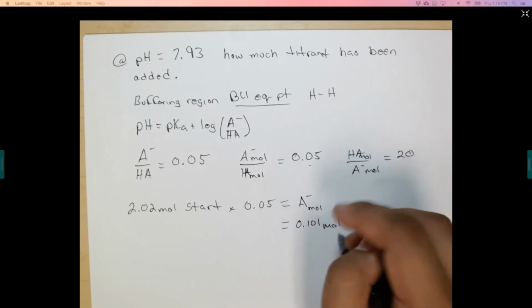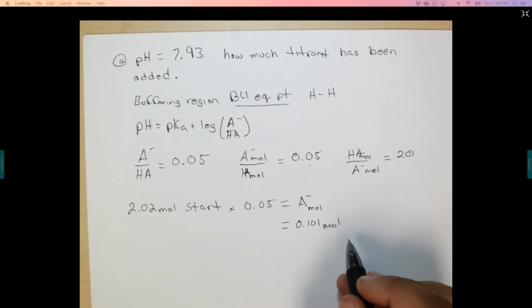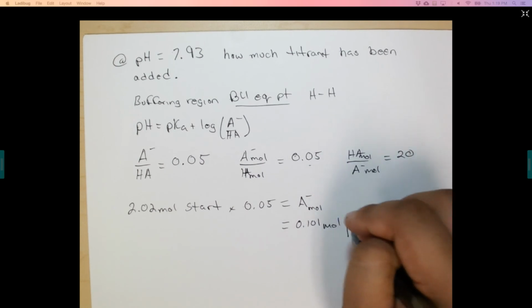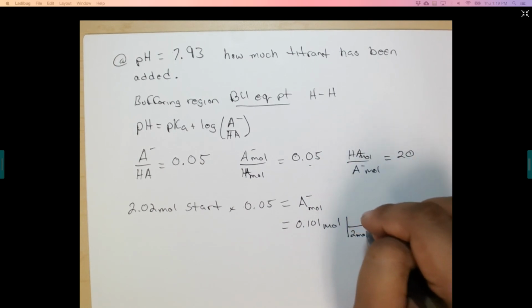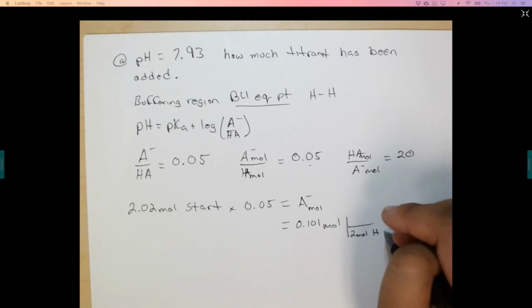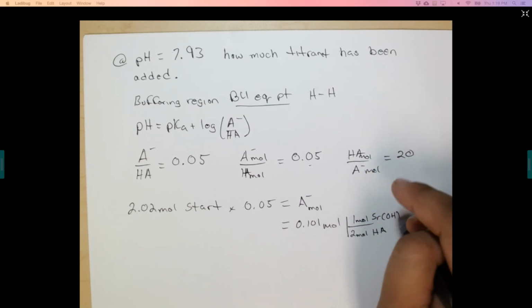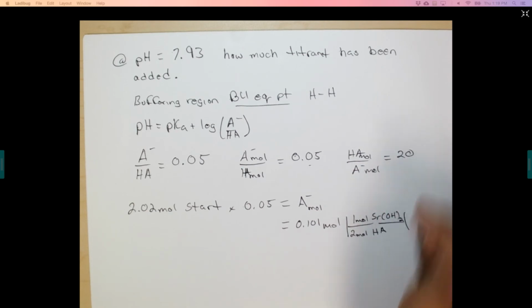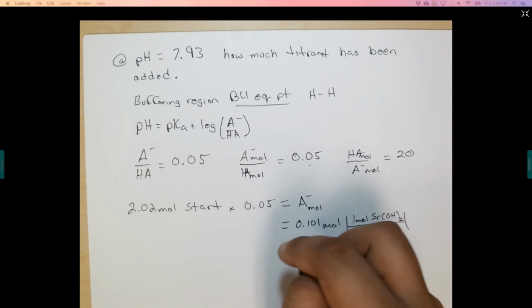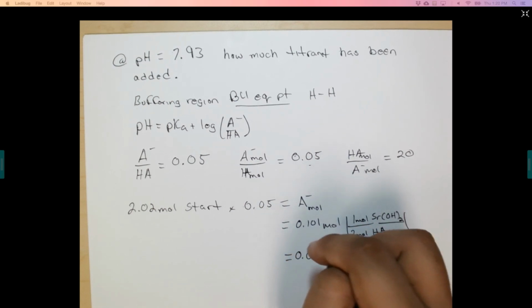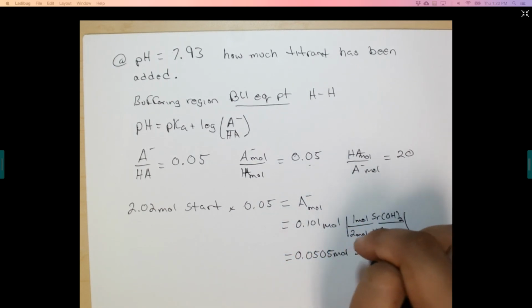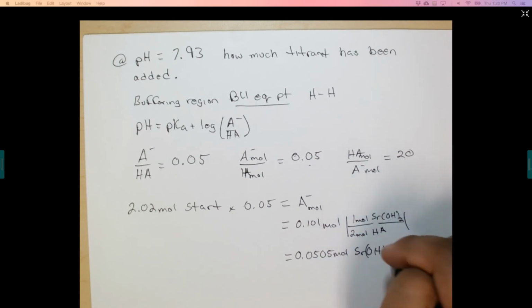If that many moles of A need to be converted, then for every 2 moles of our HA, remember we only need 1 mole of the strontium hydroxide, and therefore if we divide 0.101 by 2, we are left with 0.0505 moles of strontium hydroxide that needs to be added.